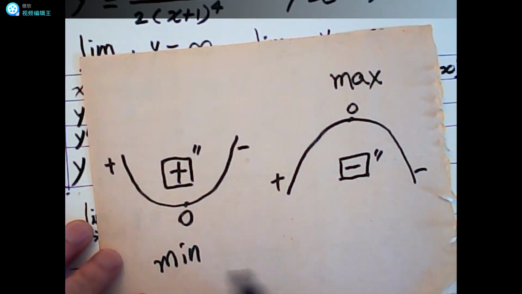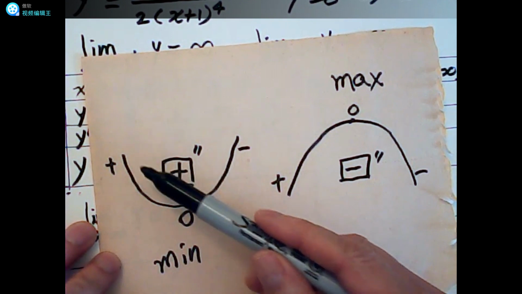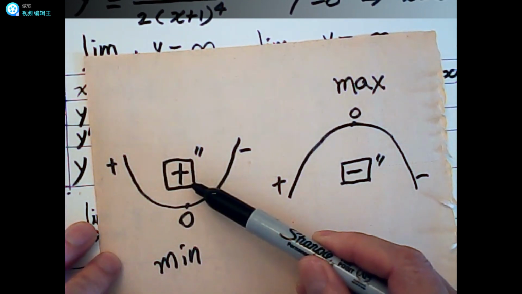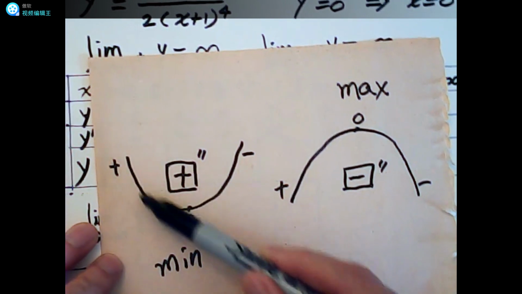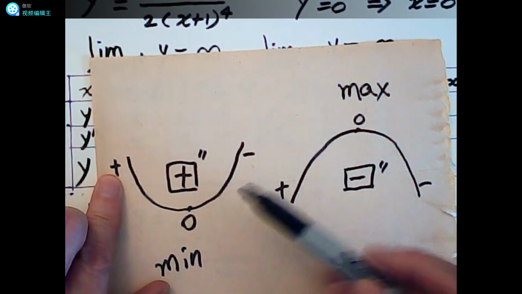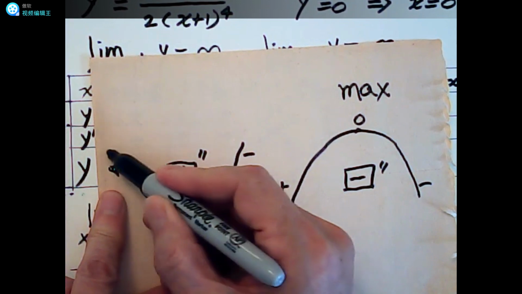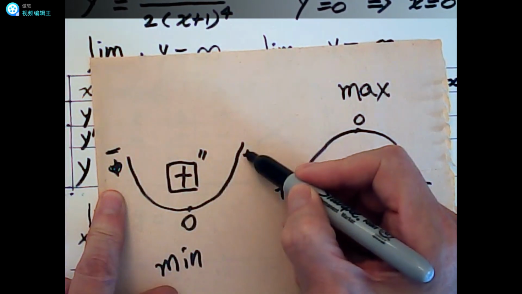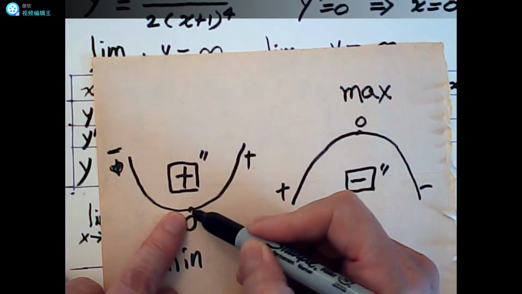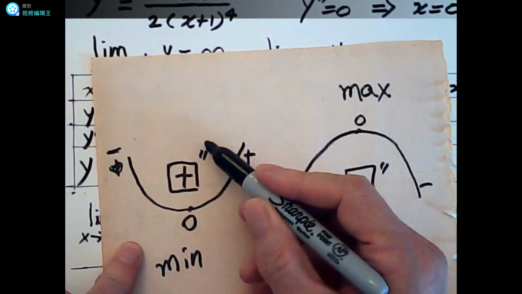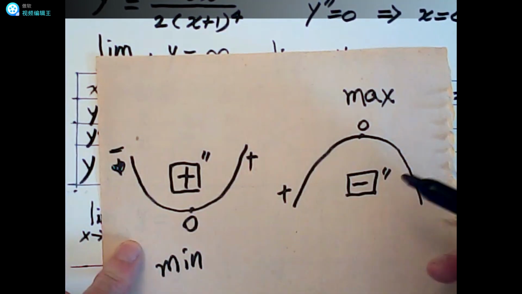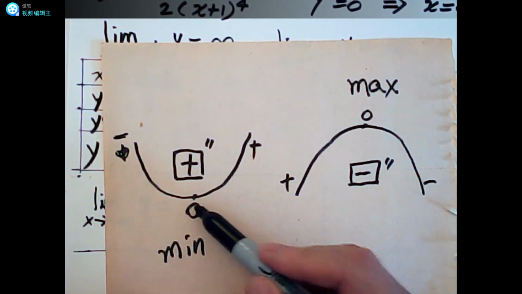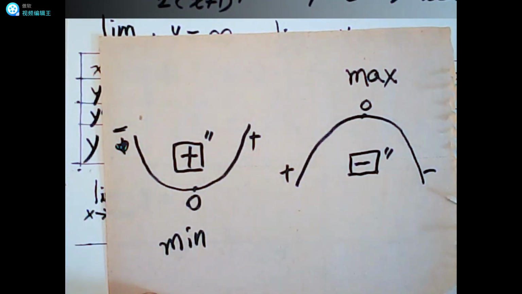Okay, when the second derivative is positive, the shape looks like this. When the first derivative is negative, it's decreasing, right? When the first derivative is positive, increasing. With the second derivative positive, the shape of the curve looks like this. When the first derivative is 0, this is the minimum.